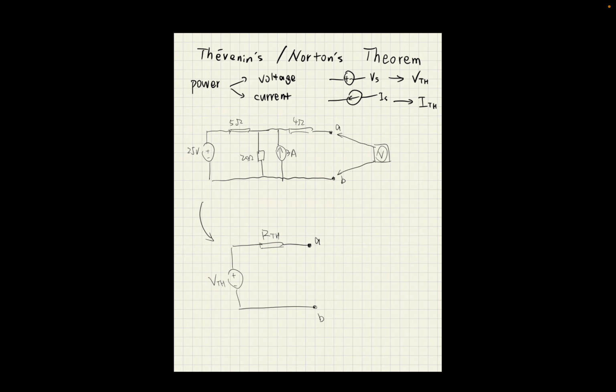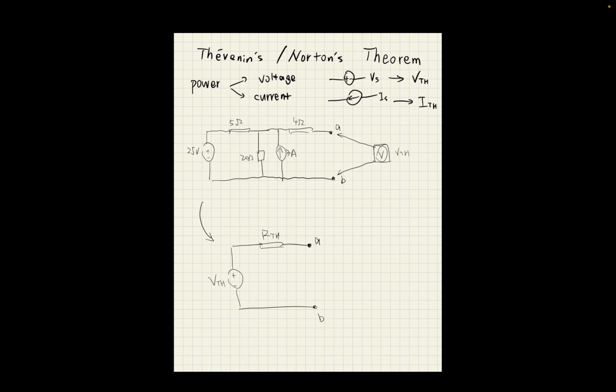Connect your black pen and red pen to these two points, A and B, and you will get VTH. The reading on the voltmeter is actually VTH. But unfortunately, if you are in an exam, the circuit would be on paper and you don't have any voltmeter. So how do we calculate it on paper using a pen?